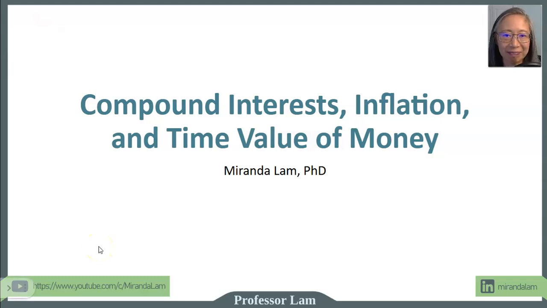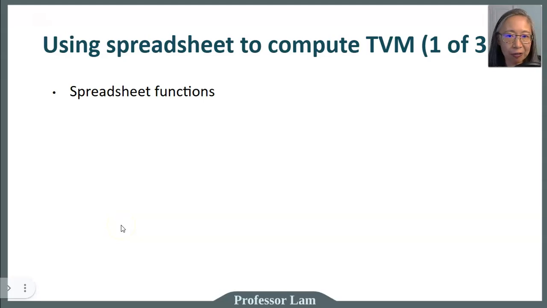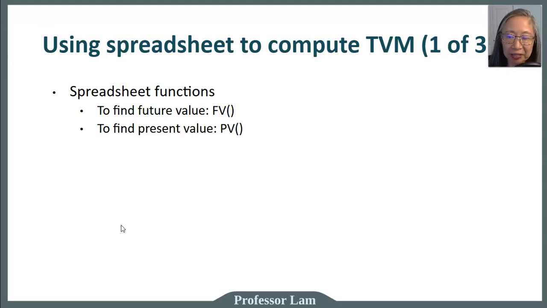Let's get started. So here are the 5 functions that we'll use throughout the demonstration. To find the future value, the name of the function is FV, and all functions start with a parenthesis. We'll go over how to use them through examples. To find the present value, the name of the function is PV.